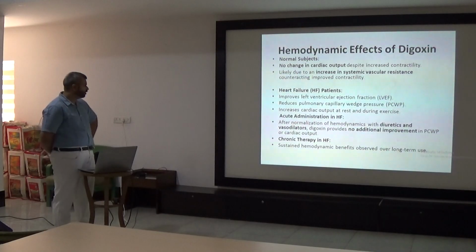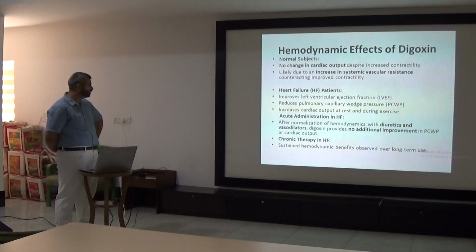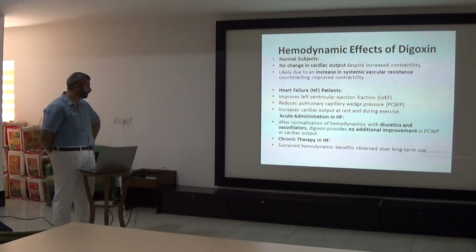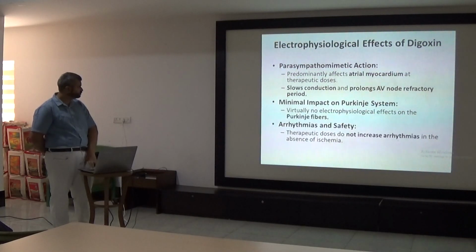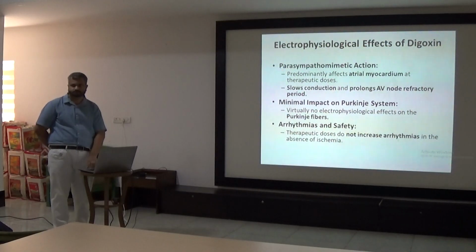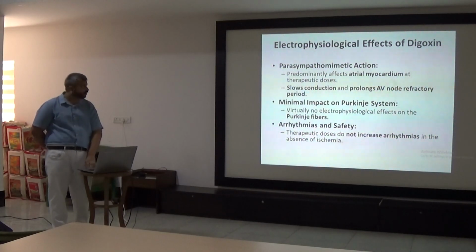Though in heart failure patients who have no significant pulmonary capillary wedge pressure, that effect is mostly mitigated. So how is it possible if a drug is increasing the contractility but it is still not increasing the output? Mostly due to that peripheral resistance.